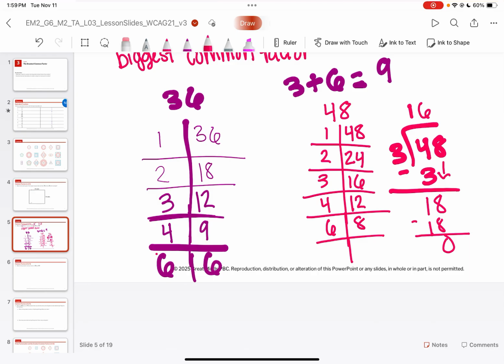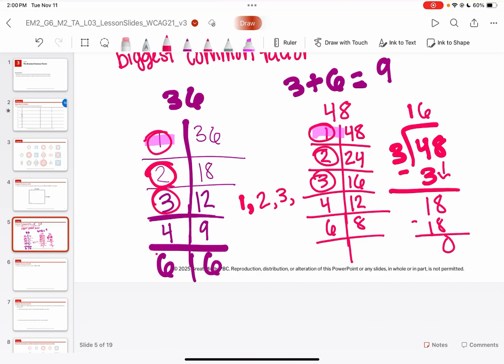Nope. One way to help is to circle all of the common factors first and write them down. Let's start with 36. Do you see 1 on both sides? Yes. Circle it, start making a list. Do I see 2 on both sides? Yes. Circle it, write it down. Do I see 3 on both sides? Yes. Circle it and write it down.